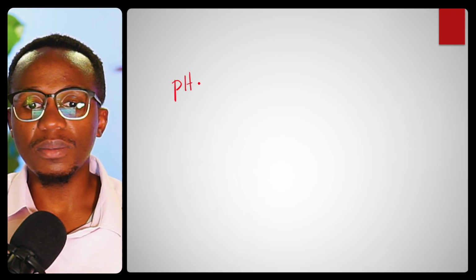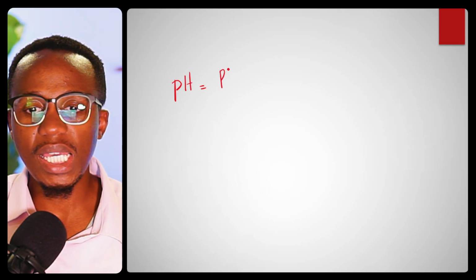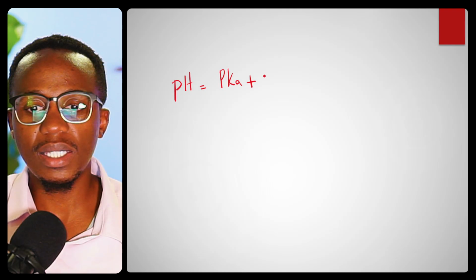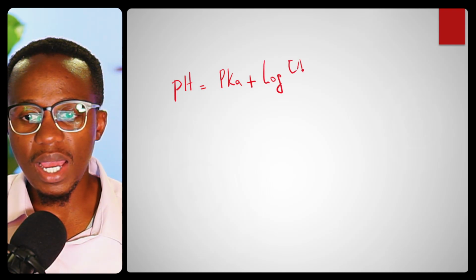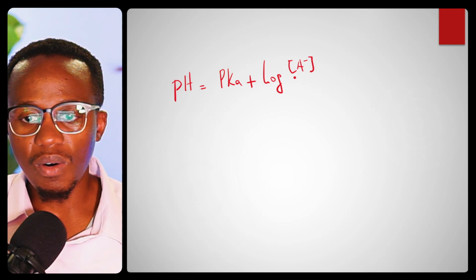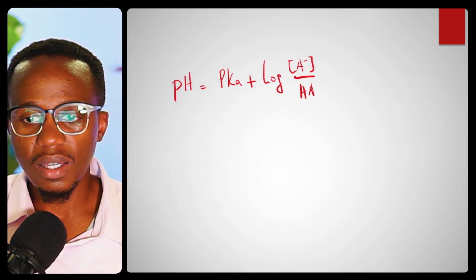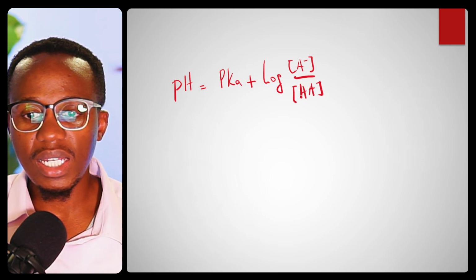This is what you're going to remember. Make sure that you write it down. This is an important formula. The pH of a buffer is equal to pKa plus log of A minus over HA.